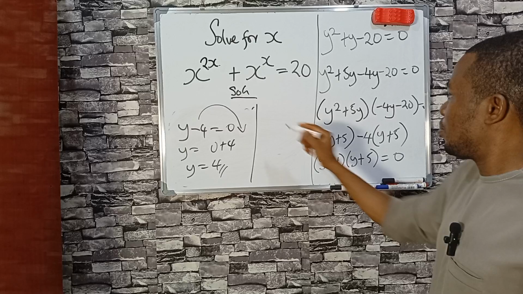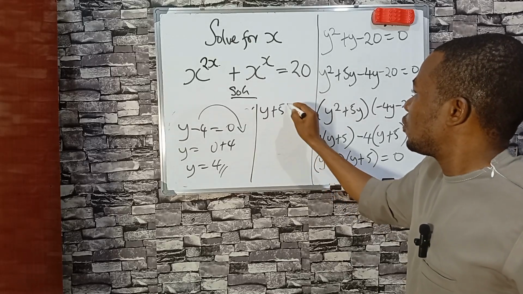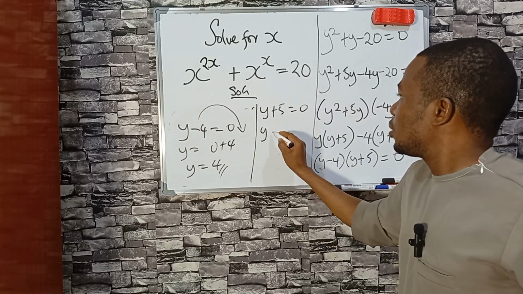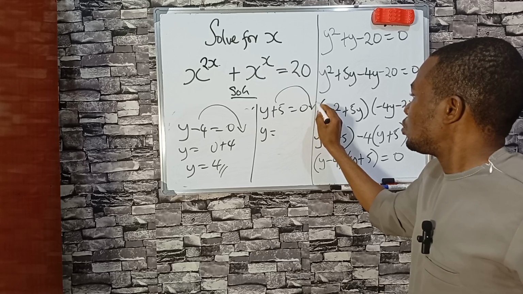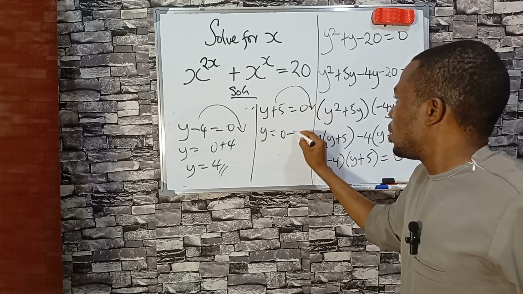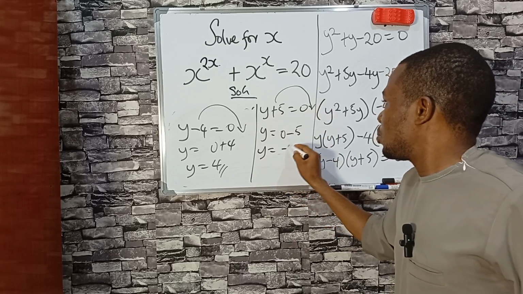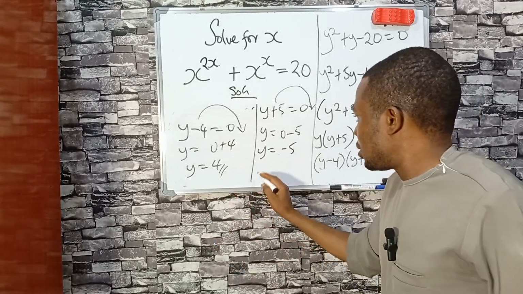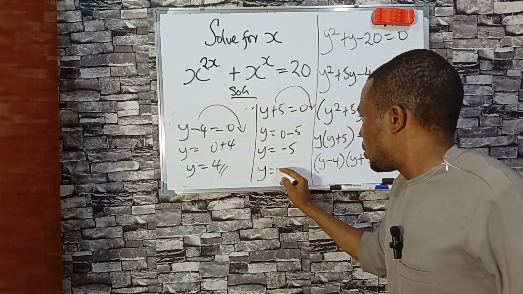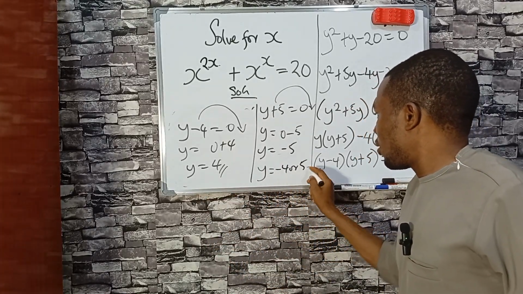If we consider the bracket y plus 5 equals 0, y equals 0 minus 5, so y equals minus 5. That means our y is either 4 or minus 5.